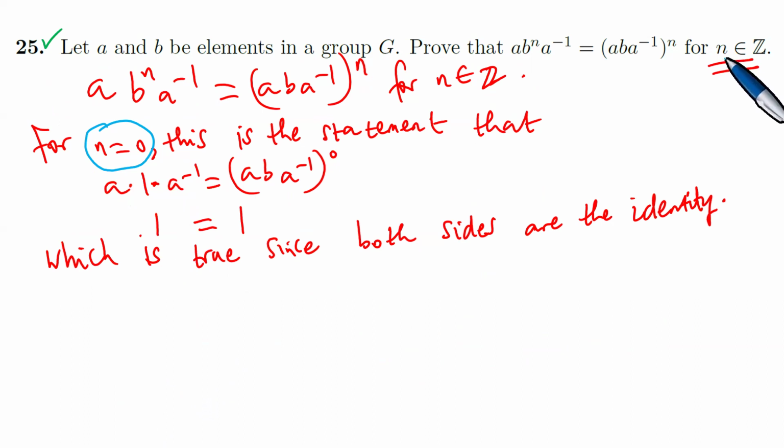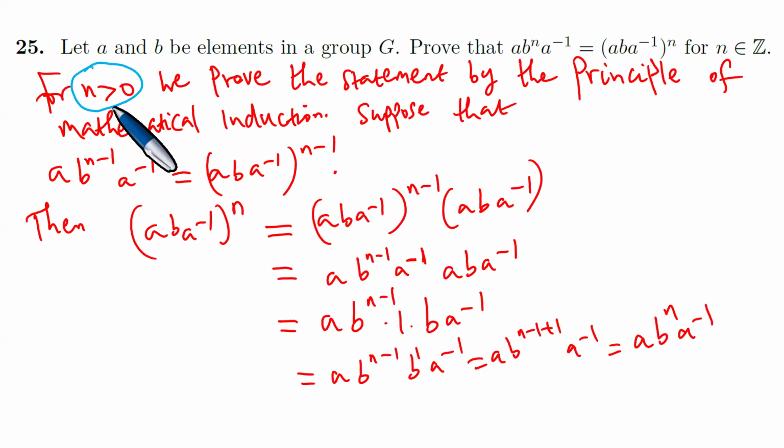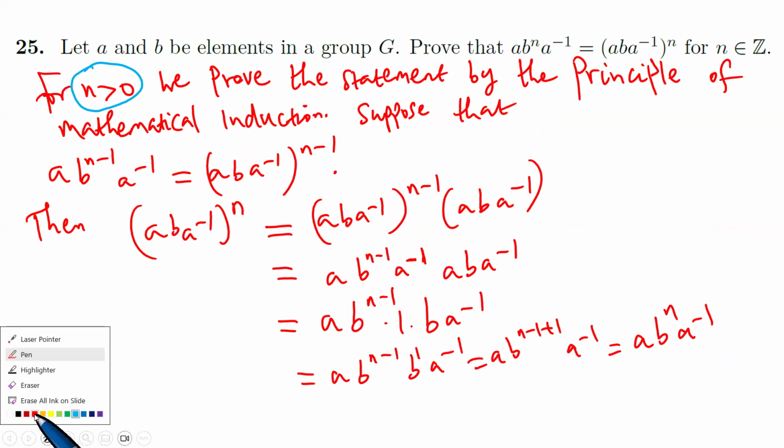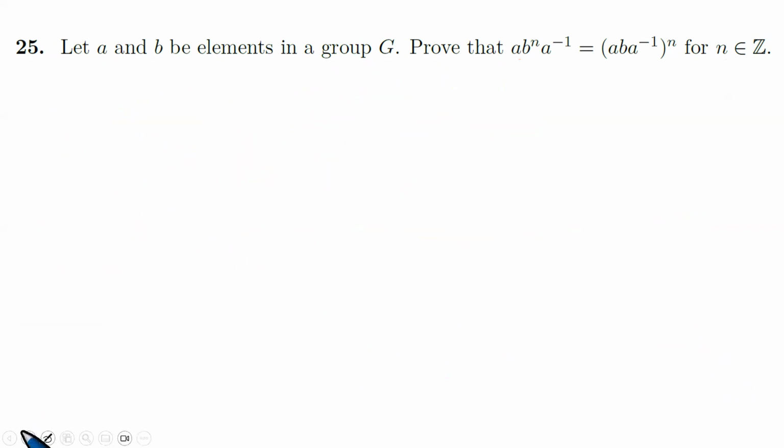Whenever we allow n to be 0, the left and the right are equal because 1 equals 1. Now we looked at the case where n is bigger than 0, and the left and the right are equal to each other. Now it remains to look at the fact that integers are also negative. So we look at the case of n negative.